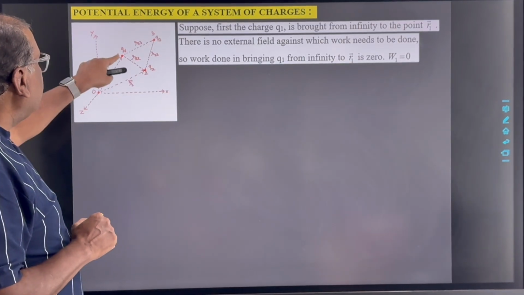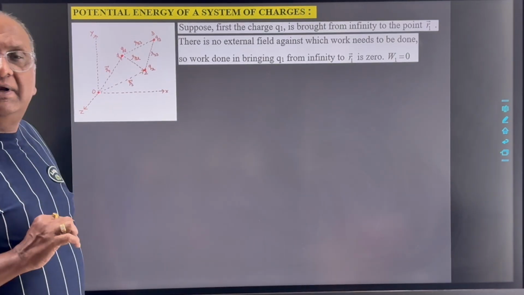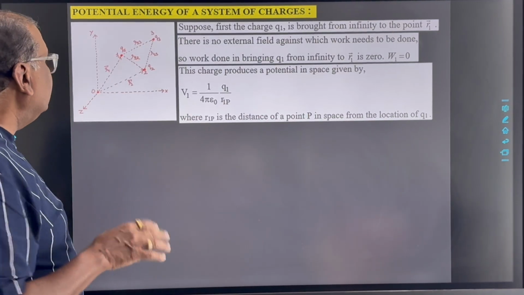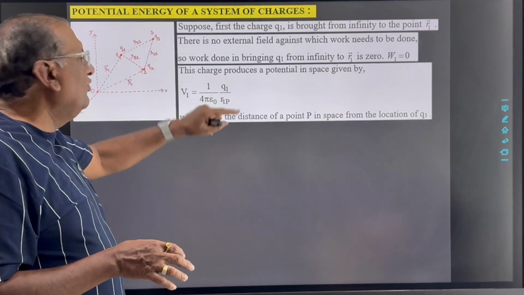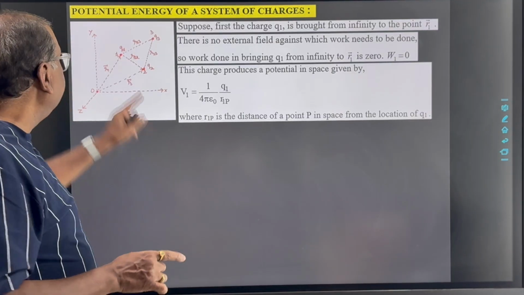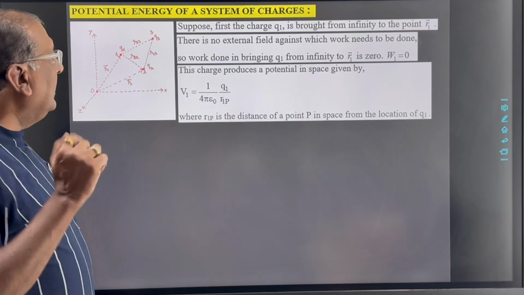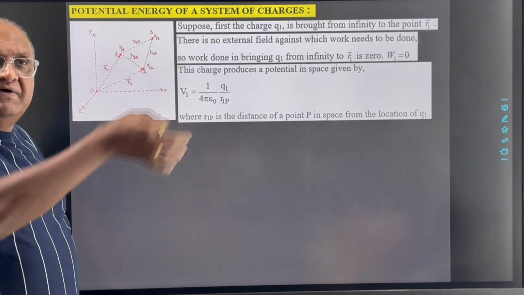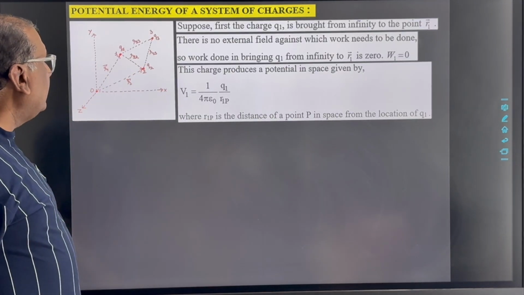Now when charge Q1 is placed at position 1, then due to charge Q1, the electrostatic potential at any point P is given by V1 equal to 1 upon 4 pi epsilon 0 Q1 upon R1P, where R1P is the distance between 1 and point P. Now next, suppose we bring charge Q2 from infinity to point 2 having position vector R2.